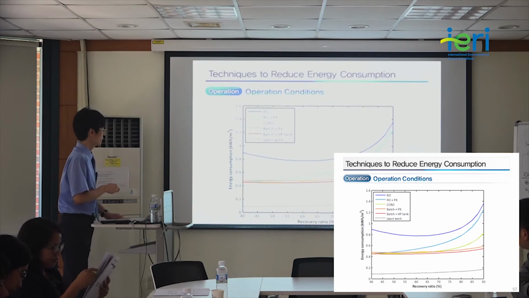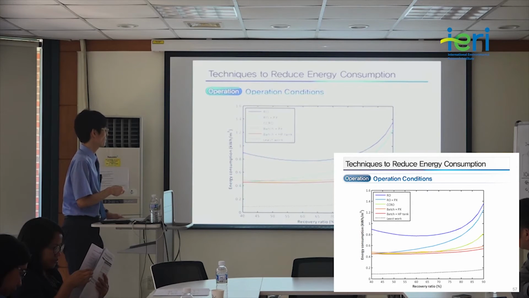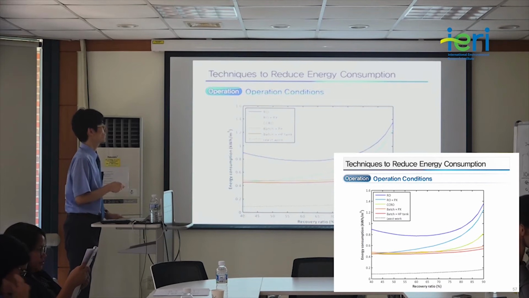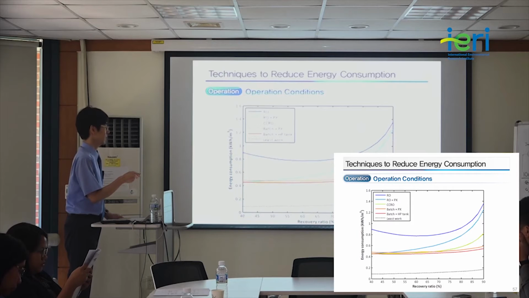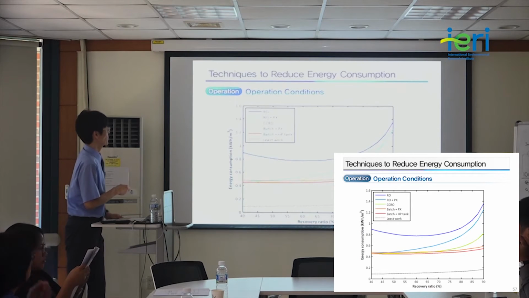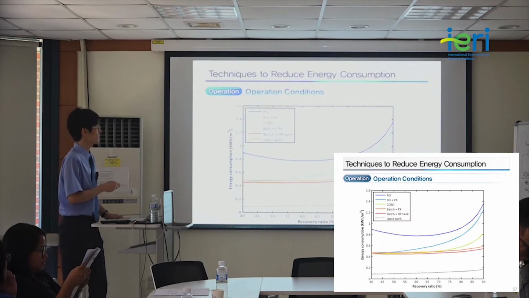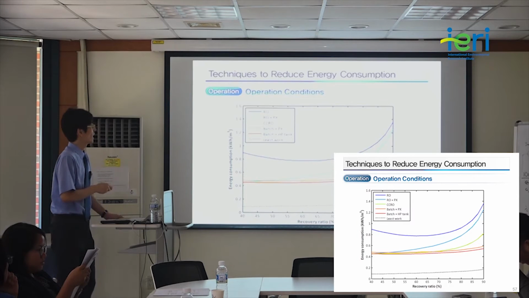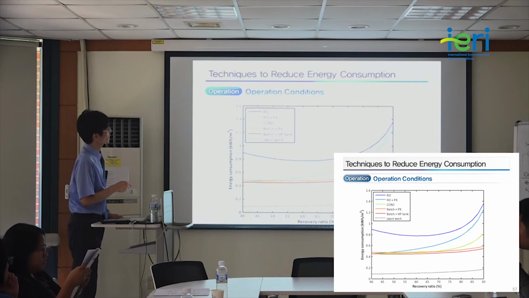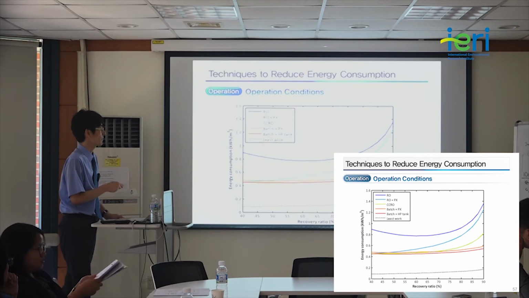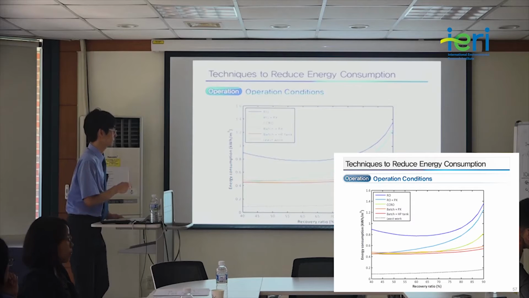In this case, if we start with the recovery of 40% and increase the recovery, the energy consumption actually increases. So around 40%, we have the minimum energy consumption for the reverse osmosis combined with the energy recovery. However, without using this energy recovery device, the energy consumption will have the minimum value around 65%.